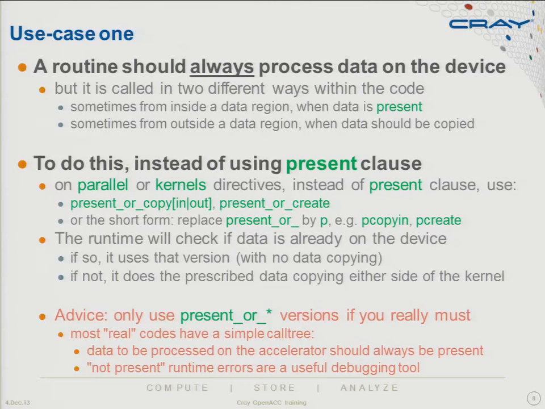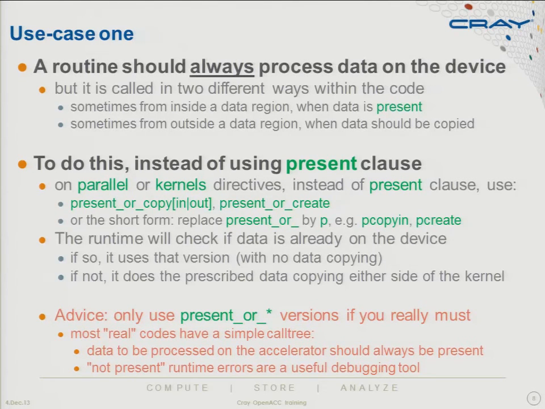If you sometimes call a routine from inside a data region and the data is present, but at other times in the same code, you call the same routine from outside a data region and you want the data to be processed on the GPU, but it's not on the GPU, so it should first move there. What you say is, instead of using the present clause for these kernels, or in the data region, you say present or copy in, present or copy out, present or create.